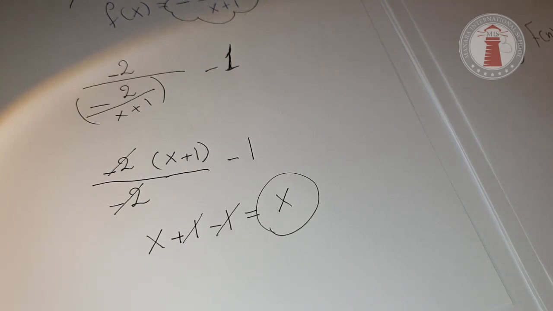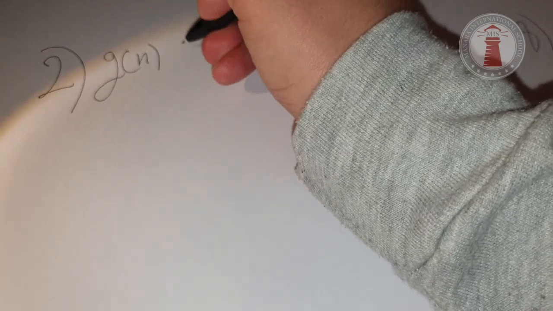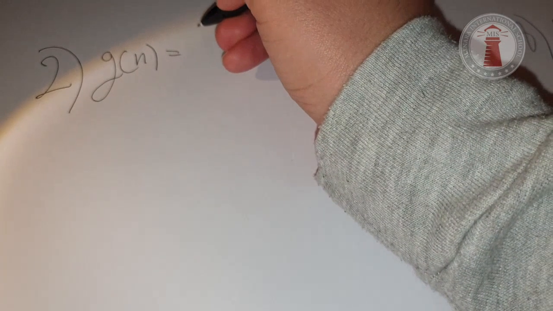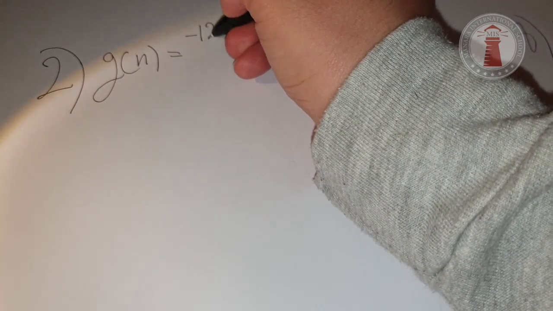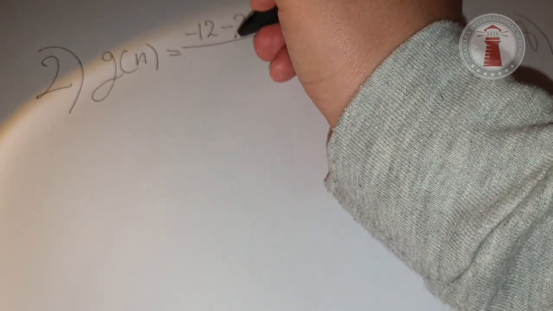Now, let's have another example that gives us a no answer. Let's pick number 2, for example. On the worksheet, it's number 2, which is g of n is equal to negative 12 minus 2n over 3.